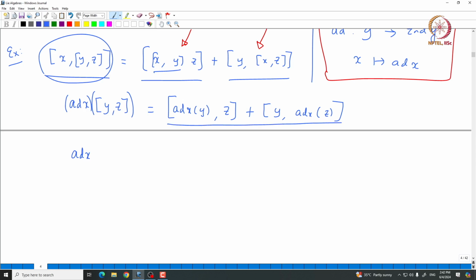From this one can easily see that this is indeed a derivation of the Lie algebra G.